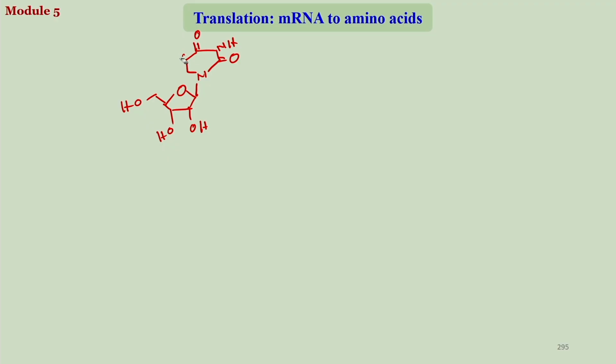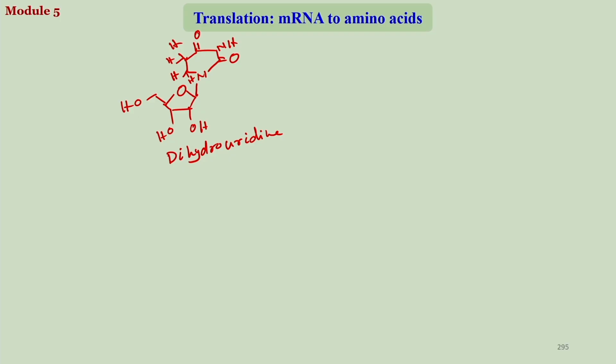Without the double bond here, with H on both, so 2H basically, this is saturated without the double bond. This is your dihydrouridine or dihydrouracil, and that is present in I think 6 or 11, I forgot the exact number, depending upon the tRNA. Of course, that many dihydrouridine modifications are present in tRNA in the D-arm loop.